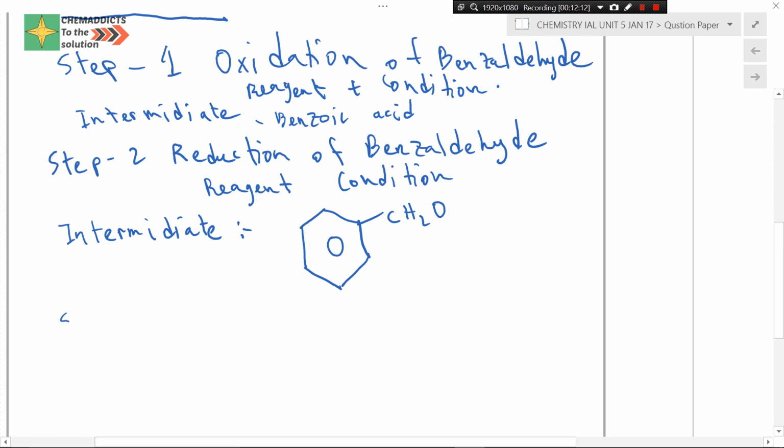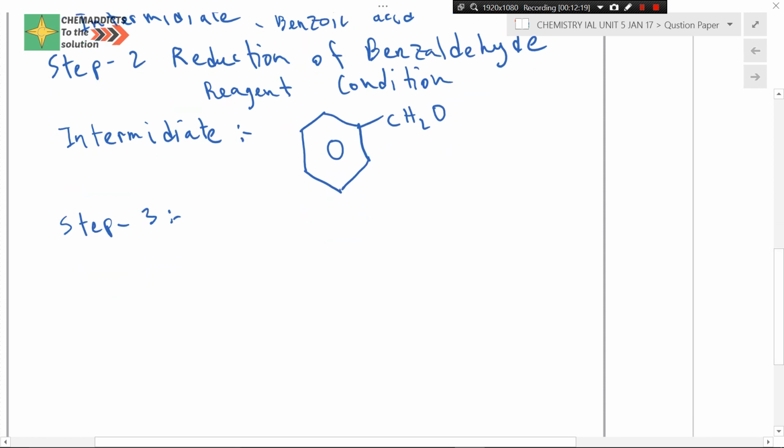In the third step, step 3, we can do this in two ways: either reacting aromatic carboxylic acid with aromatic alcohol, or reacting benzoyl chloride with phenyl methanol.